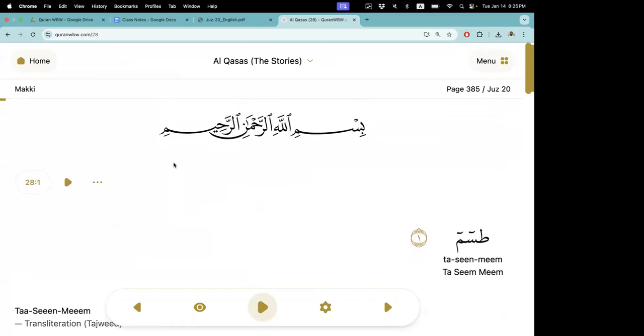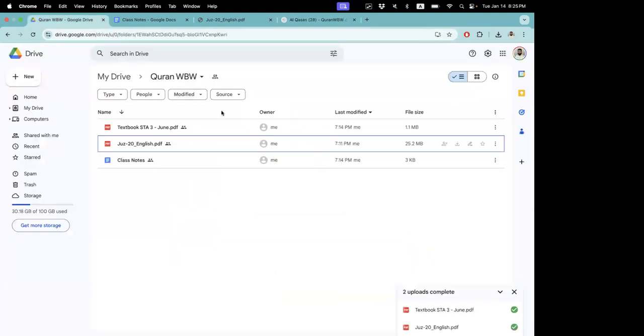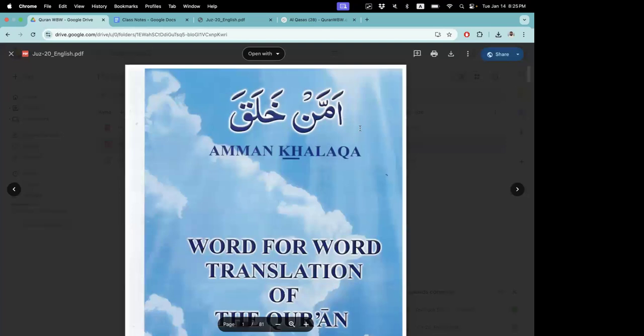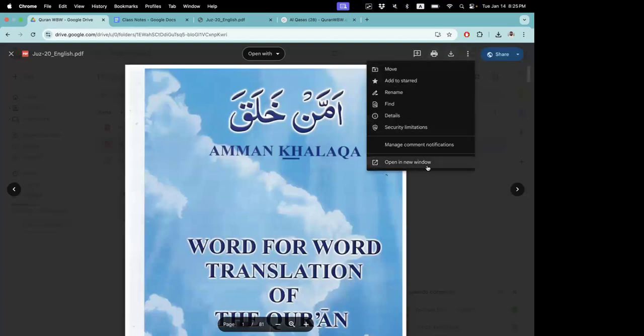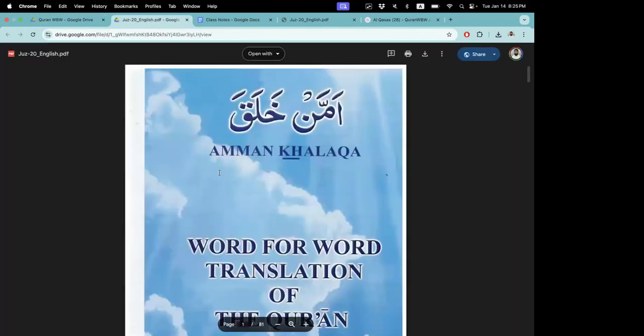Yes. Right. Also on this, as a resource, I've added 2 more things. I've added the Al-Huda Quran translation. I would like to open this in a new window. There we go.